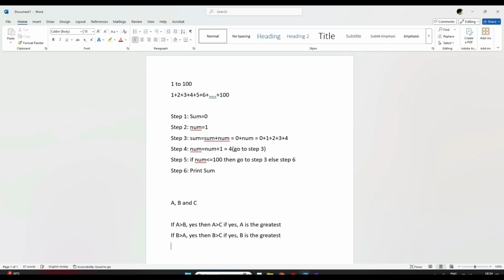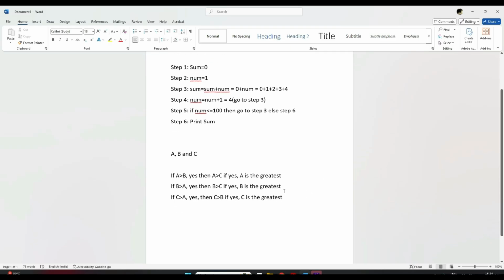Clear? Now, last is if C greater than A. Yes, we'll check. Then C greater than B. If yes, C is the greatest. This is simple, I think, right? Then I'll print it accordingly.